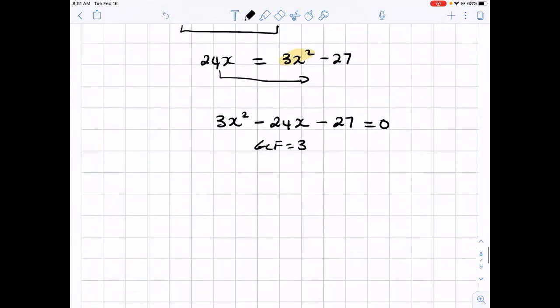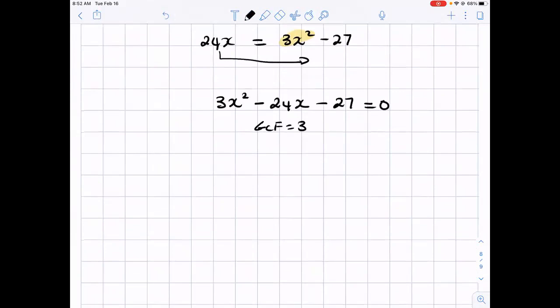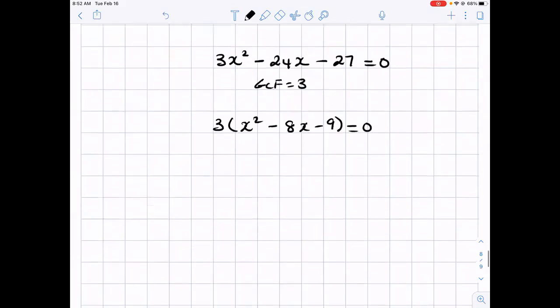We have a GCF of 3. So this tells me that 3 times x squared minus 8x minus 9 is equal to 0. And if we factor the inside here, we have x minus 9 times x plus 1.